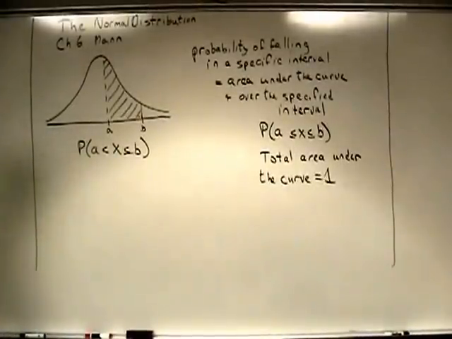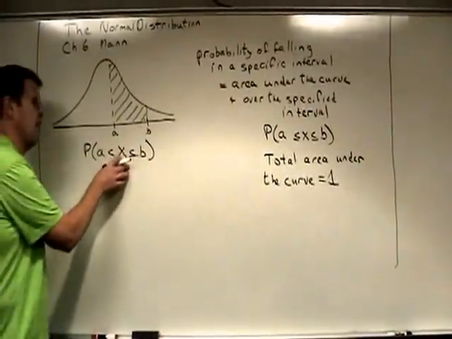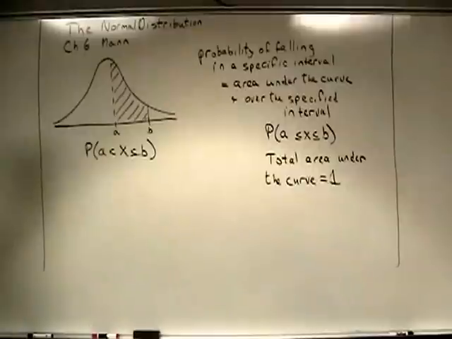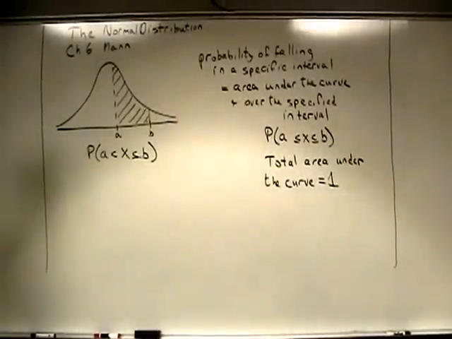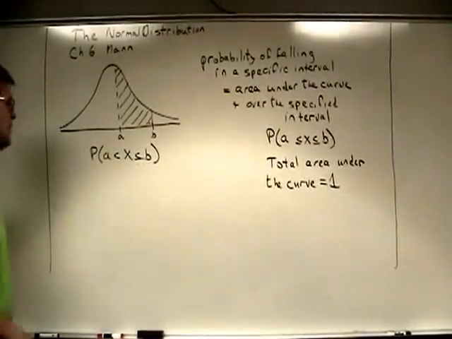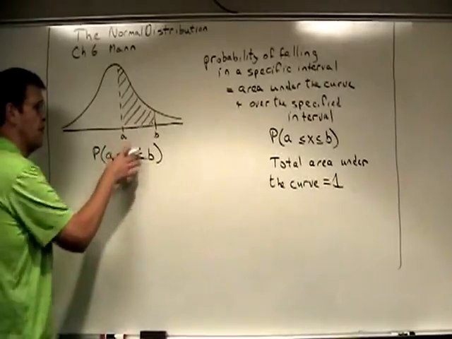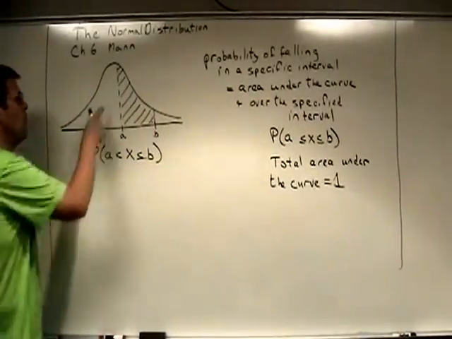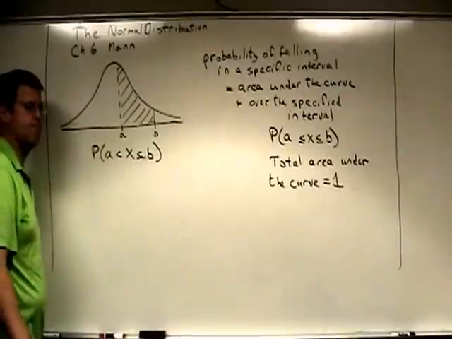So the question then becomes, well, how does this area relate to that area right there? And the fact of the matter is that the only difference between this region and the region we had drawn over here is that we got rid of this line.